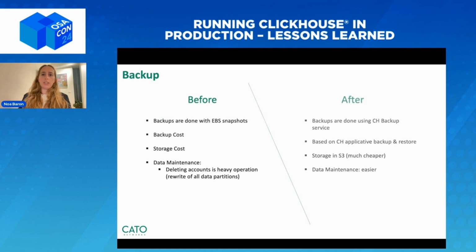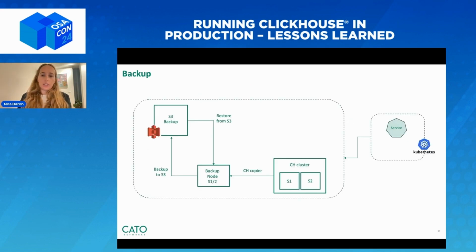So here again, we decided to utilize ClickHouse backup commands in order to improve that process. So now we do backup using ClickHouse applicative backup and restore. We store the backup itself on S3, which is much cheaper. And we also found that data maintenance on the data stored in S3 is much easier as well. This is a little high level. I will not go into that, but this is the architecture for the backup itself.